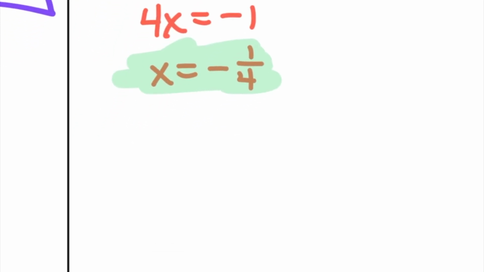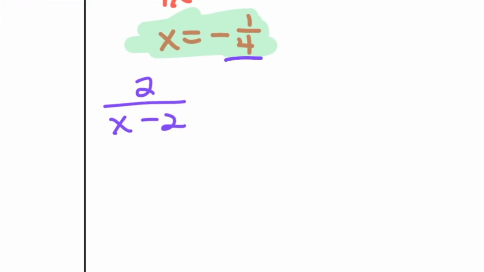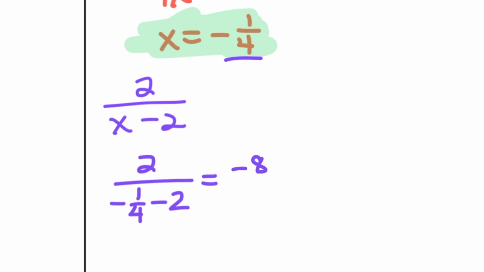So I've got 2 over x minus 2, and I'm going to substitute the negative 1/4. So 2 over negative 1/4 minus 2, and all of that equals negative 8/9. So that's your y value of your hole.